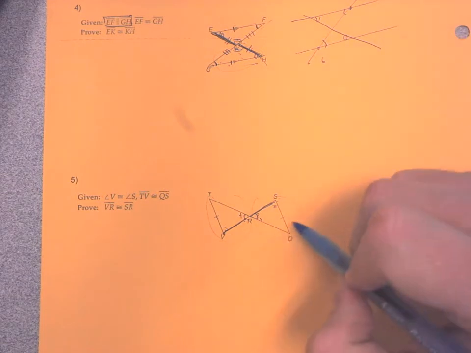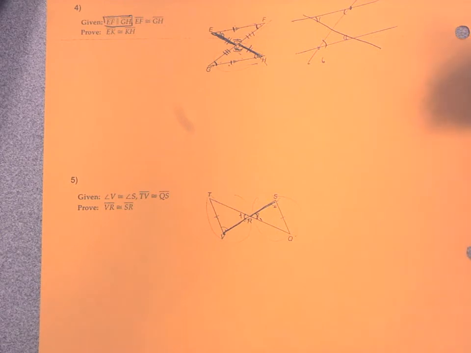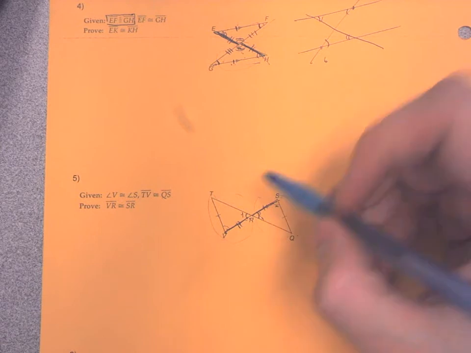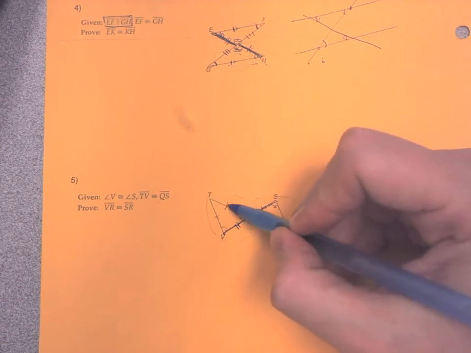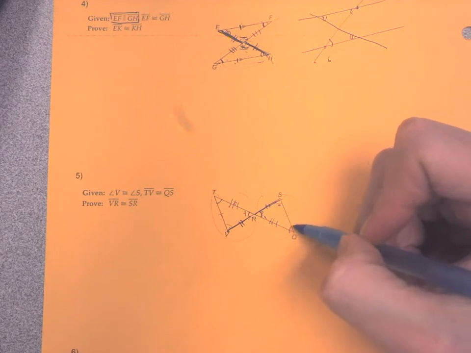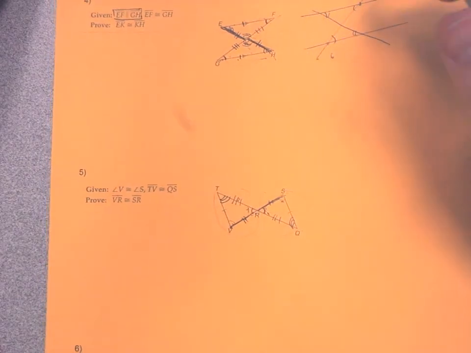Okay, now if I prove the triangles are congruent, then I know the corresponding parts of congruent triangles are congruent. So these are corresponding parts, which means they must be congruent. And these are corresponding parts, which means they must be congruent. And these are corresponding parts, which means they must be congruent. Right? So CPCTC gives you 6 pieces of information.